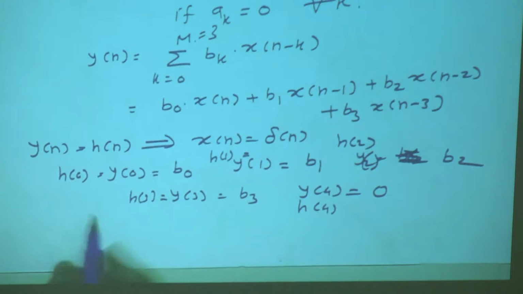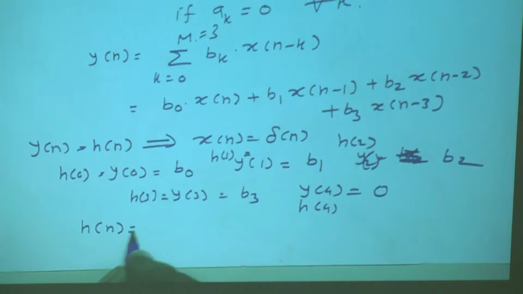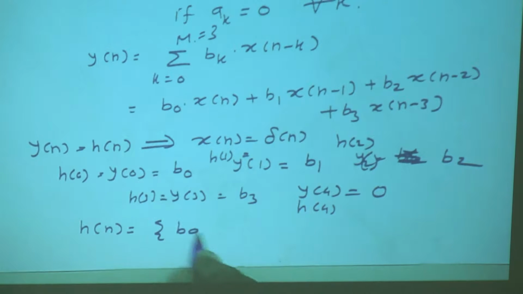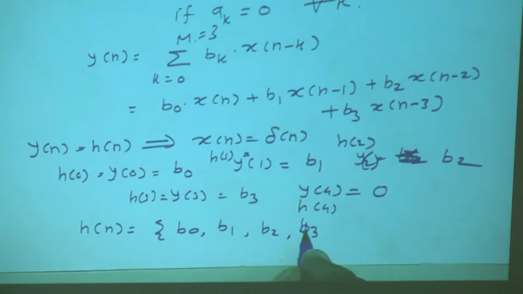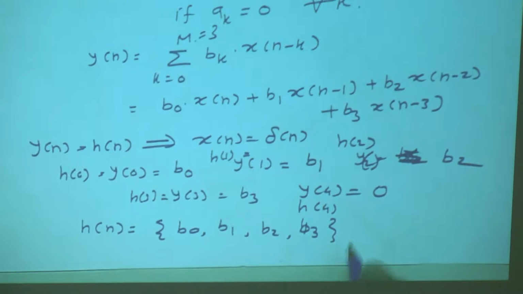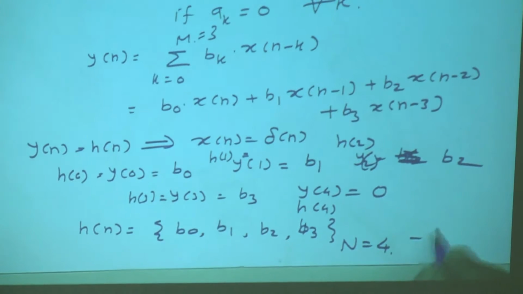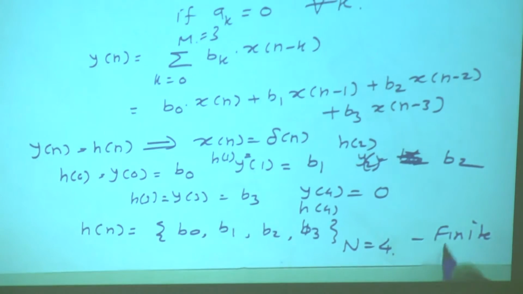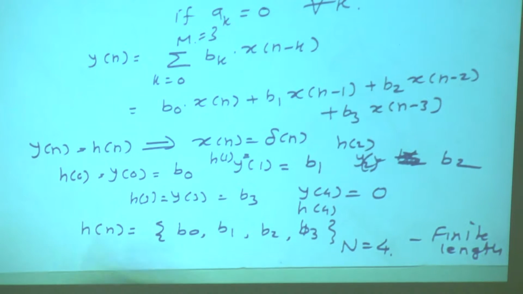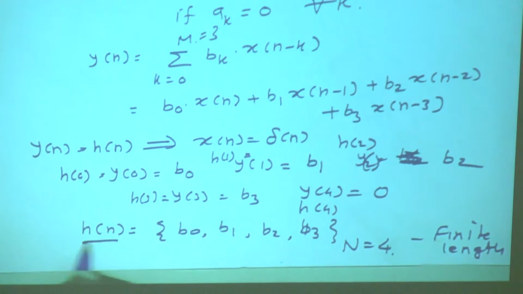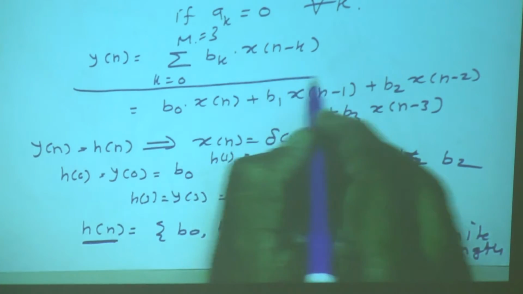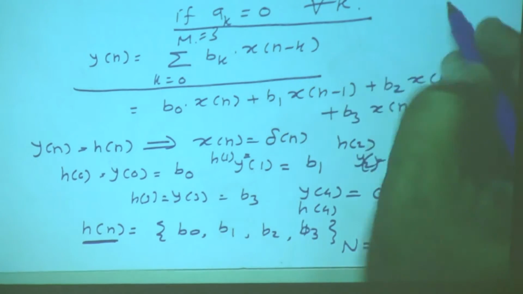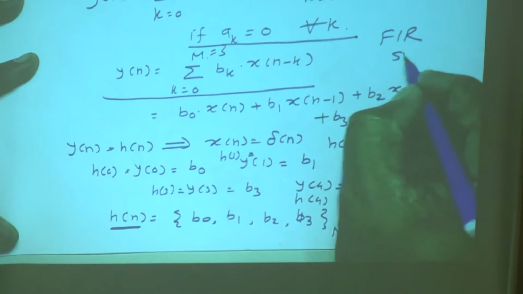What is the length of the impulse response? h of n will be equal to b0, b1, b2, b3, that is all. So, the length of the impulse response is 4, which is finite length. Hence, such a system where ak are all 0 is called a finite impulse response system.